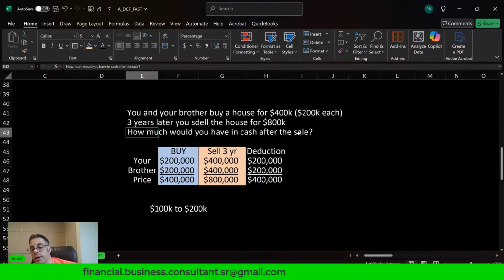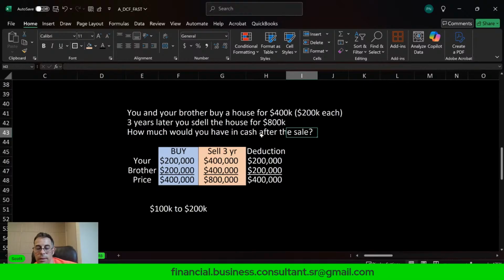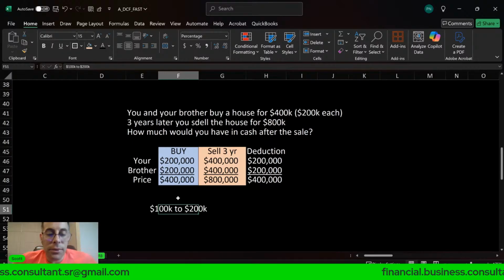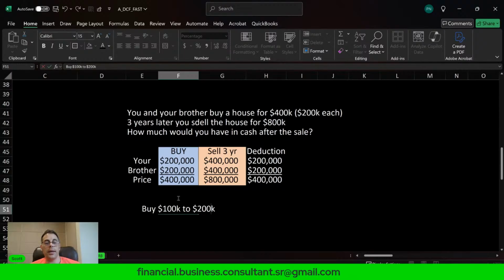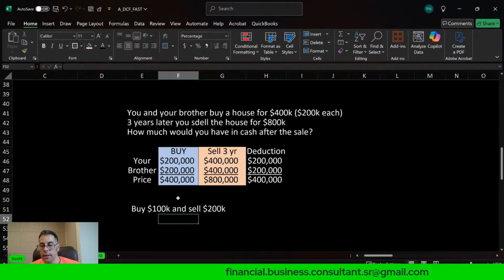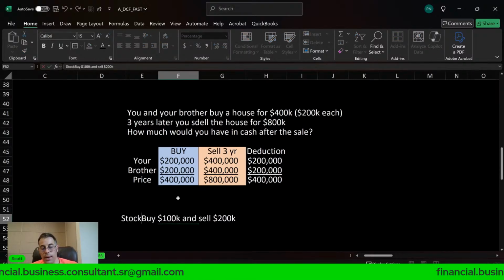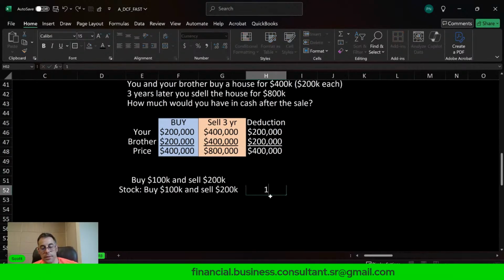I can come back to it later, but I know somebody's going to get it. And we know the rule, the $250,000 rule. Because if you buy a house for $100K and sell for $200K, like say it was a stock. If you buy a stock for $100K, and 3 years later you sell for $200K, you profit $100,000.